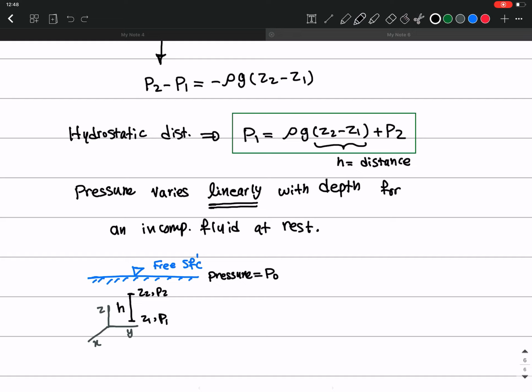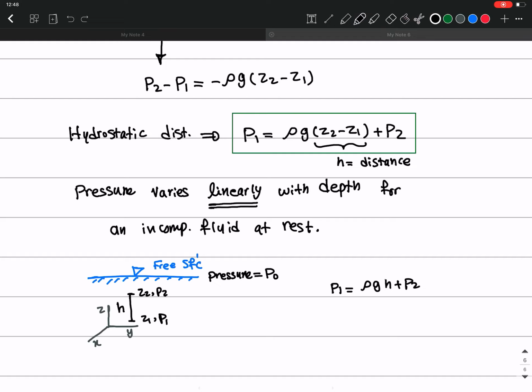So if I write it down for this, I get P1 equals rho GH plus P2, correct? This is from this relation here. So the pressure P1 is the pressure at P2 plus this rho GH, the weight of the fluid above that.